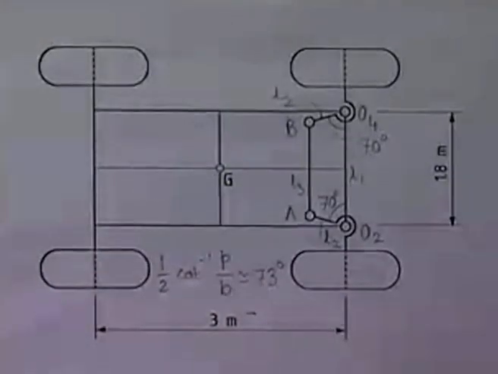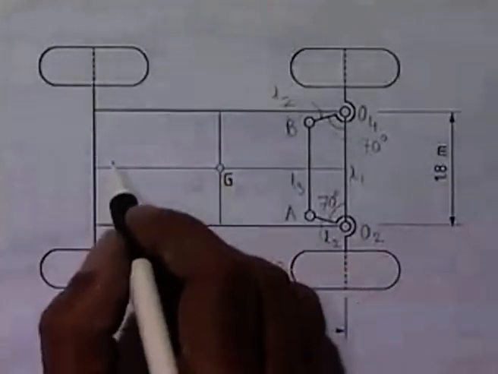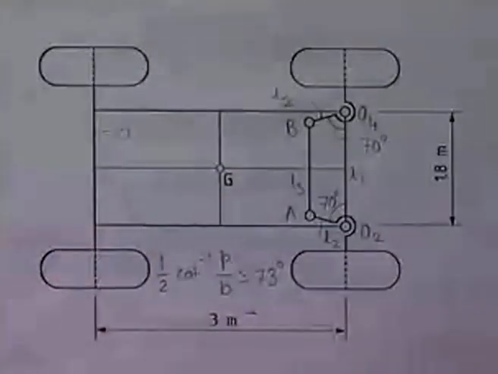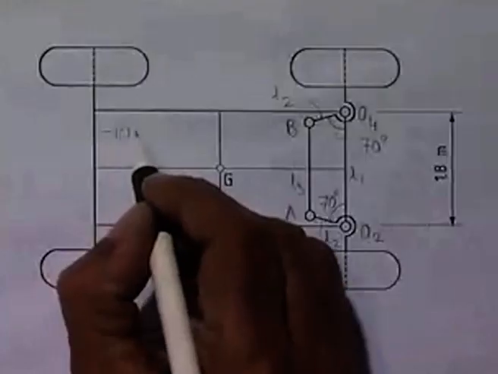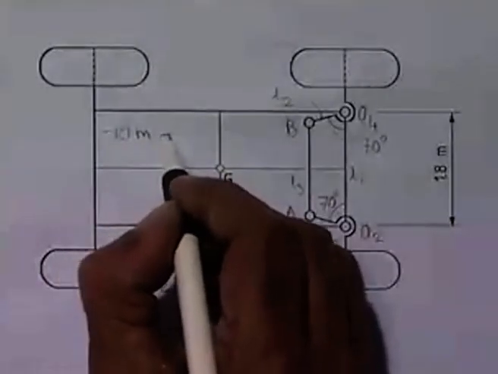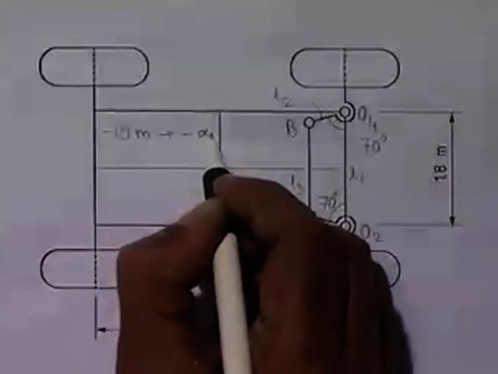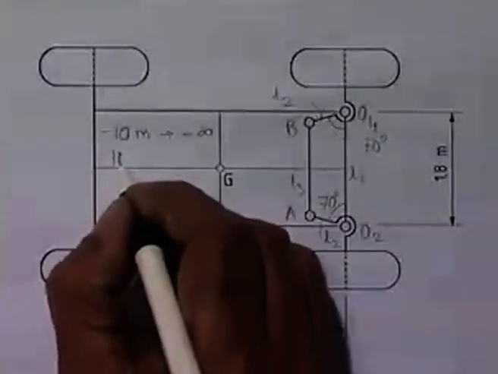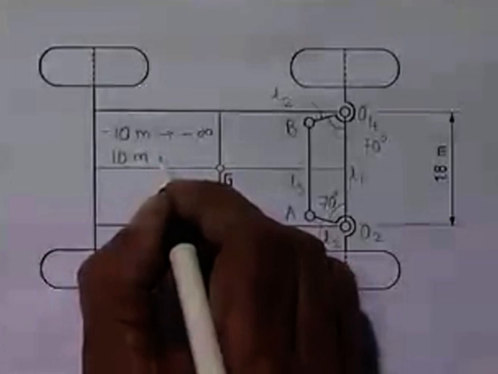Now the radius of curvature for the point G, as we have noted already, goes from minus 10 meter to minus infinity and plus 10 meter to plus infinity.